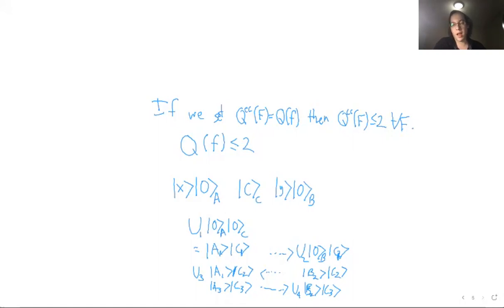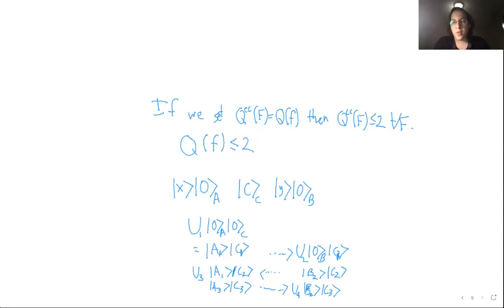Alice will apply a unitary on her side, we can assume it starts with 0, it doesn't matter, to get the C1 and send the C1 register to Bob. It's 1 qubit, so that costs 1 to send across, and Bob will apply some unitary on his side and send it back. They make T such unitaries, and they've sent C back and forth T times. That has total cost T.